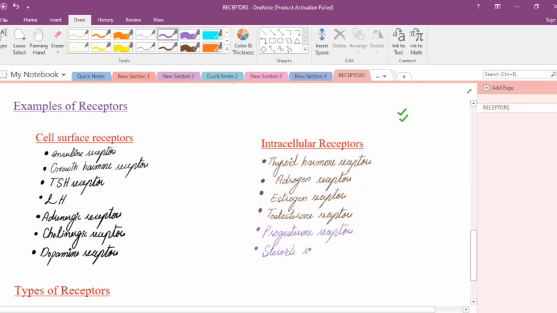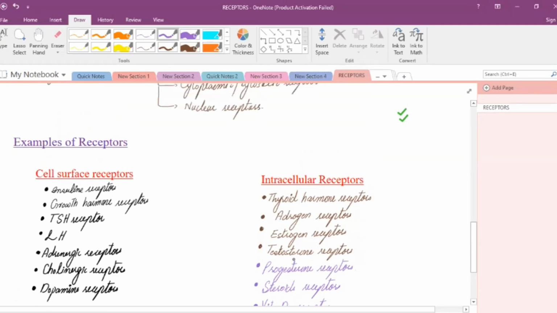Okay. Next one is vitamin D receptor. Right. So these are the examples of different types of cell surface receptors and intracellular receptors, as we discussed in the previous lectures.